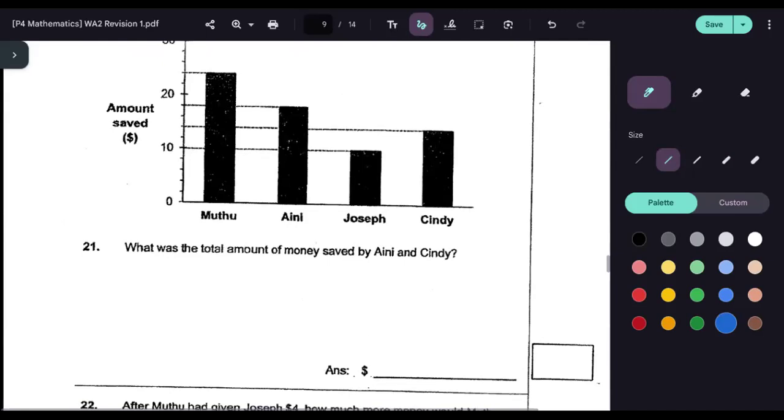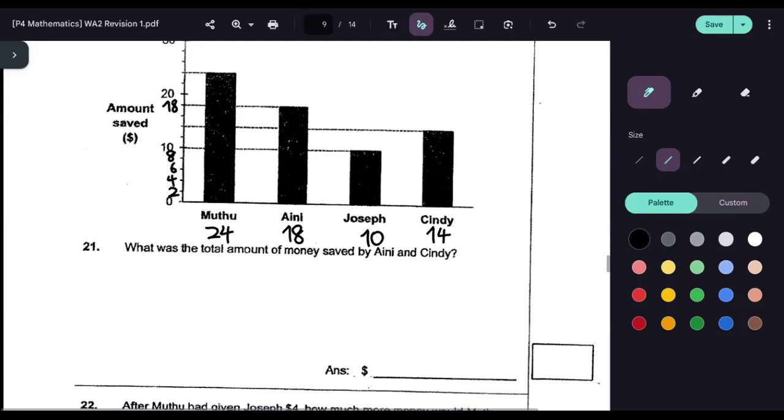This is 18. Okay, so Aini is 18. Mutu is 24. Joseph is 10. Cindy is 14. So it will be like 2, 4, 6, 8. Okay, so it's always going up by 2.